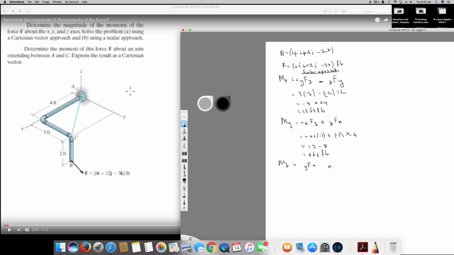So instead of ux, I'm going to put 1 0 0, and b, we already know it's 4 3 minus 2. We have found the b already, so it's 4 3 minus 2, and we know the f is 4 12 minus 3, so I'm going to use that one here.